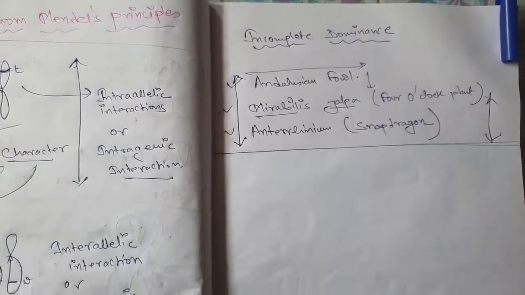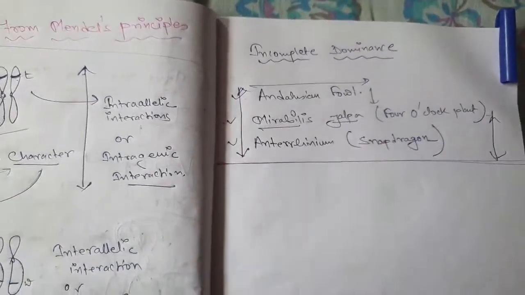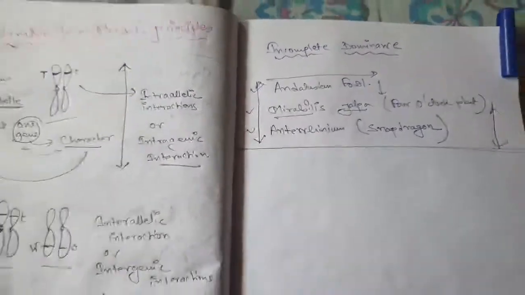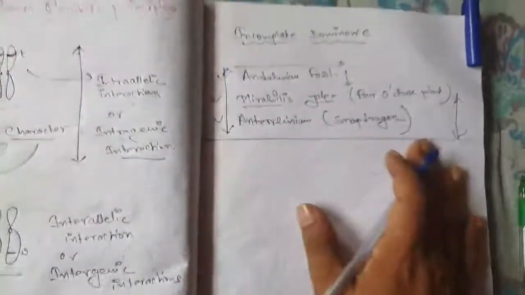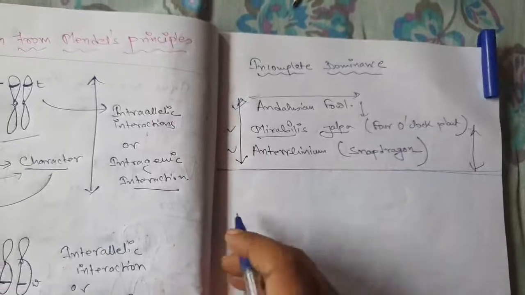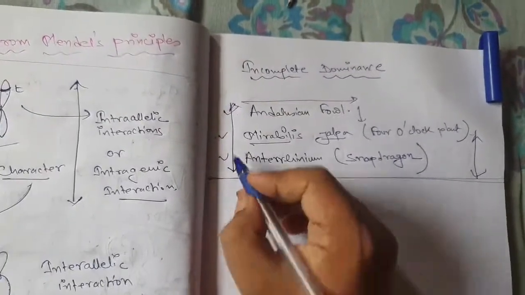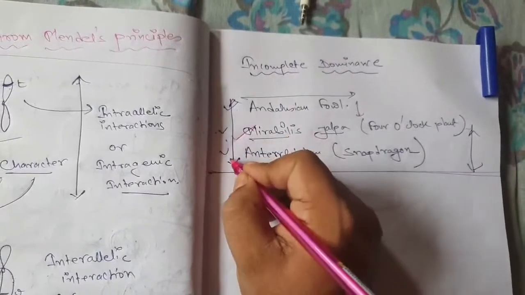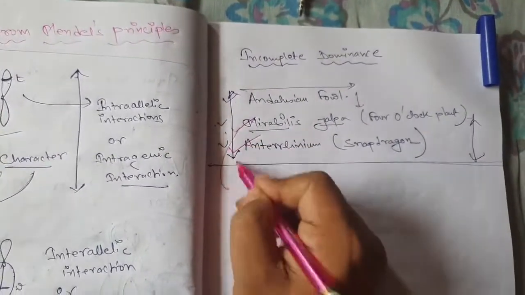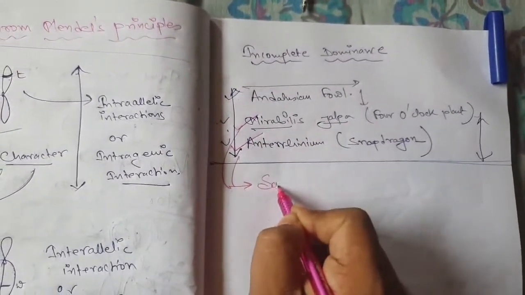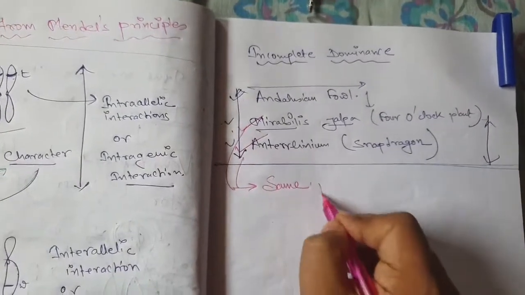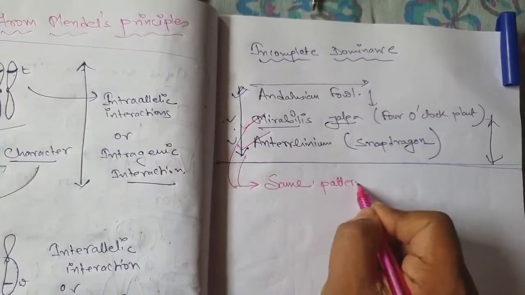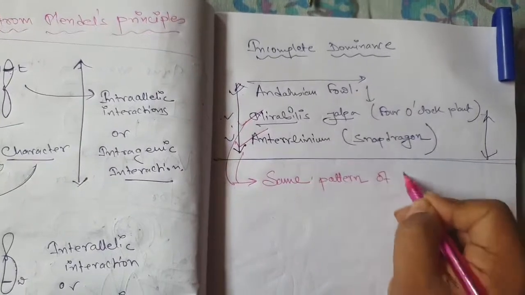But that doesn't mean that incomplete dominance is only shown by these three. These three are there in our syllabus and we will understand that. Now, what is incomplete dominance? Let us take the example of either Mirabilis jalapa or Antirrhinum. Almost the same pattern of incomplete dominance is shown.